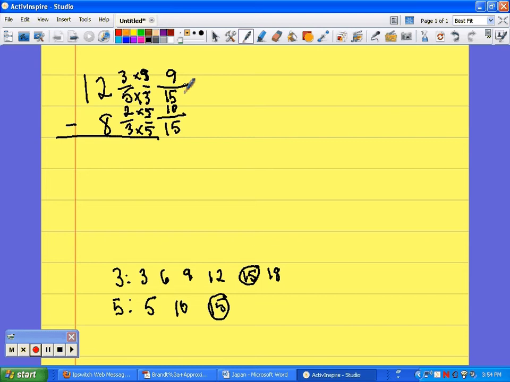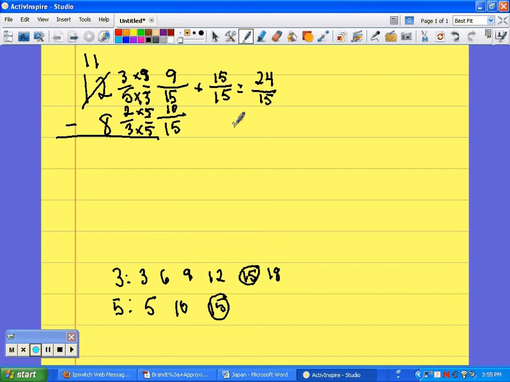Well, we can't do that, so we have to borrow from the whole number. We're going to add one whole to this fraction using 15/15. The denominator here is 15, so this has to be 15, and one whole would be 15/15, which is 24/15.